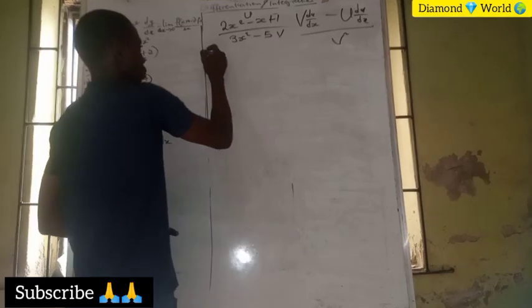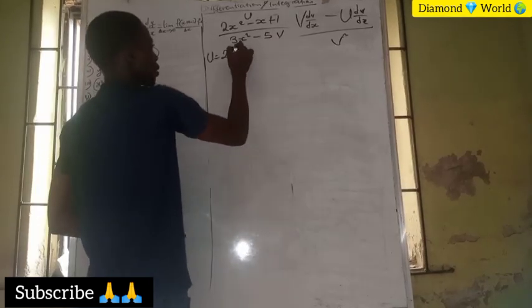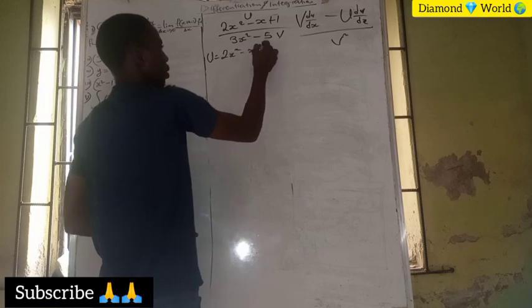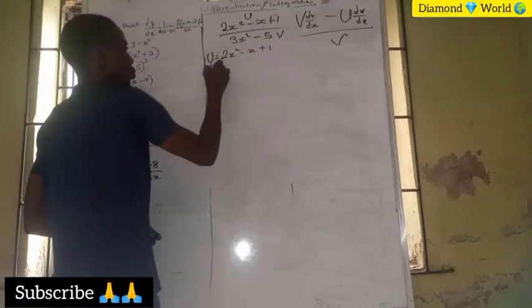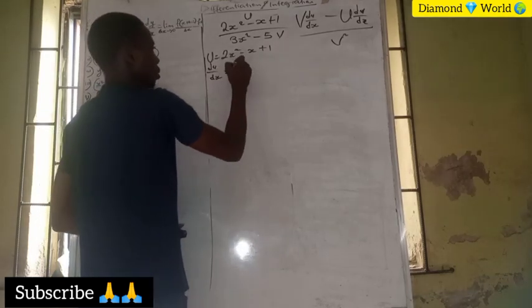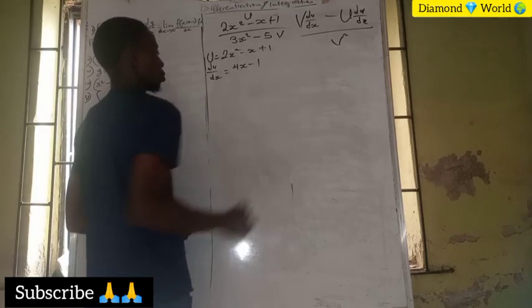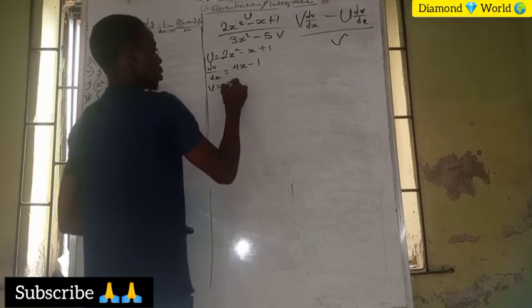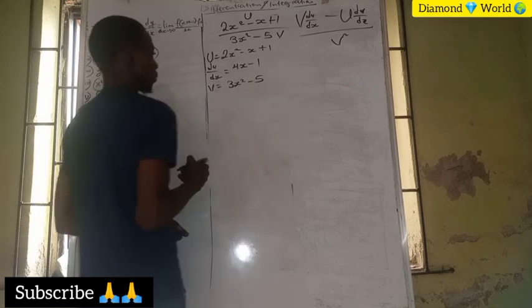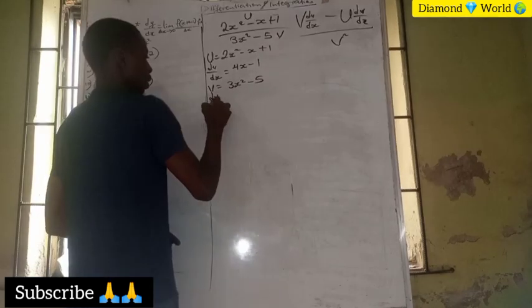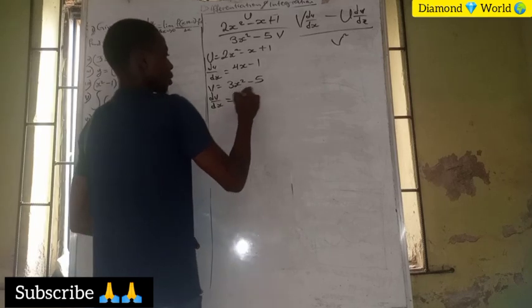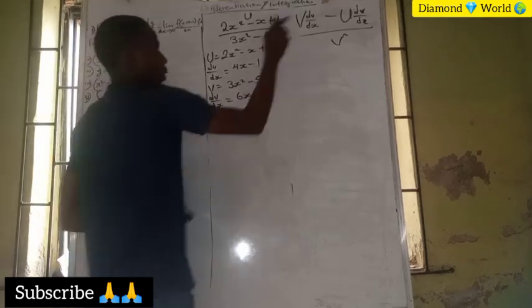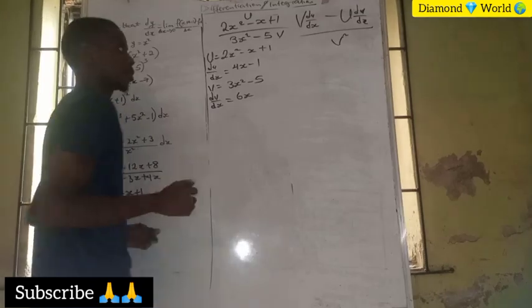Now I'll first bring out my u equals 2x squared minus x plus 1. The du/dx will give me what? 4x minus 1. Then my v is equal to 3x squared minus 5. My dv/dx will give me what? 6x. Now I move down to this place fast.